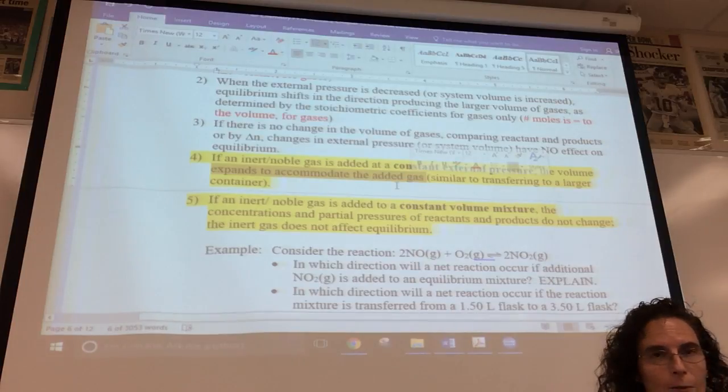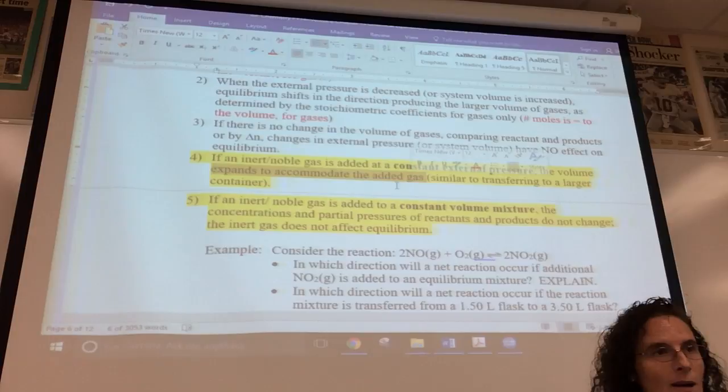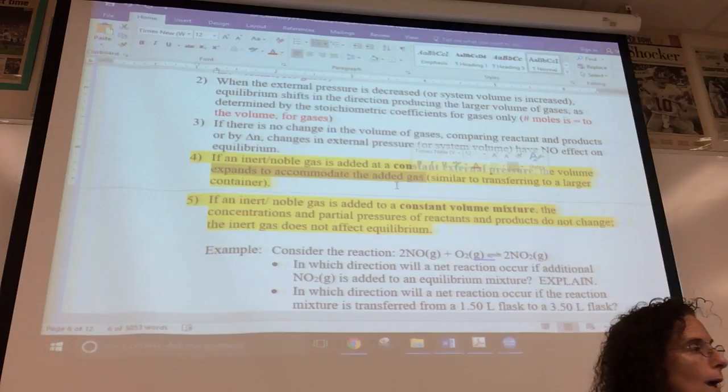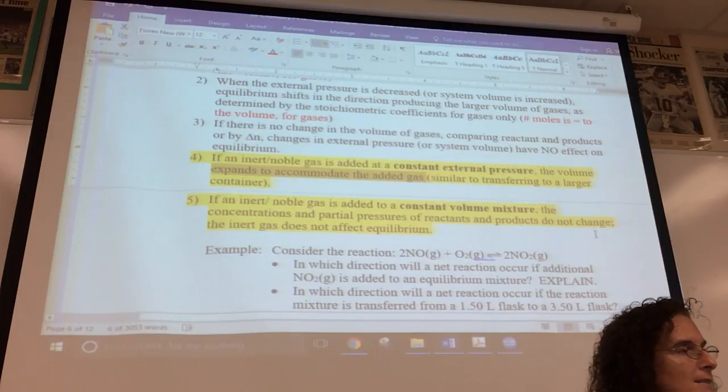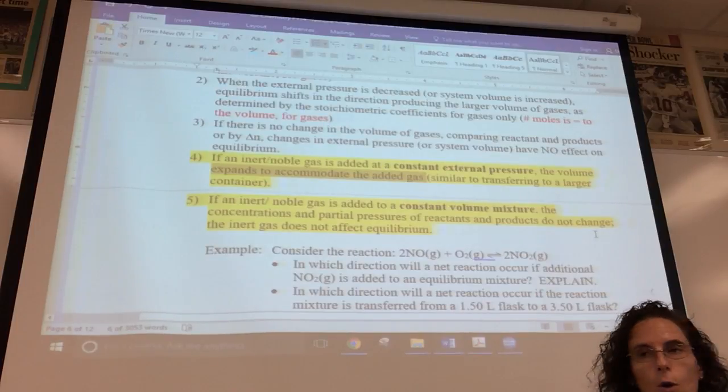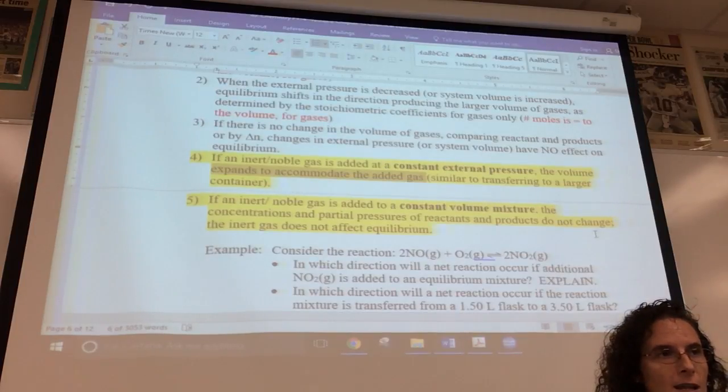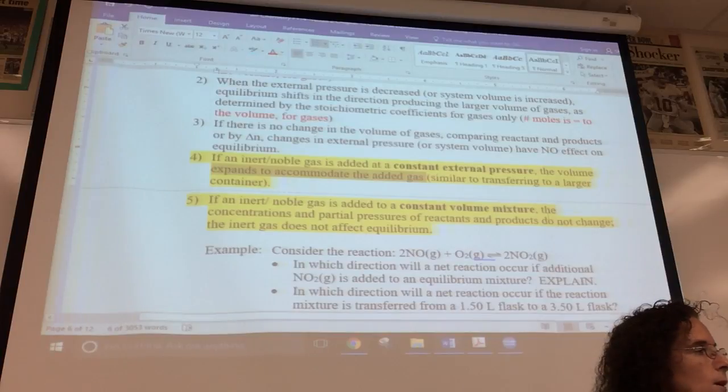If you are a family of 4 and you come home from school and mommy's like, guess what, you're going to have a baby brother or sister, you need a bigger house. Same thing here. So if you add an inert gas at constant pressure, equilibrium will shift in the direction that has the larger volume of gas.